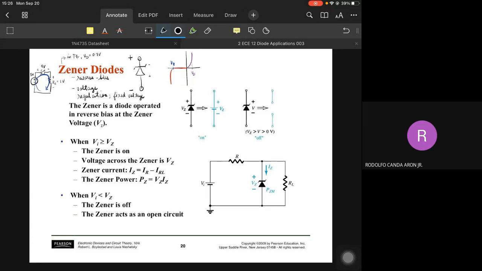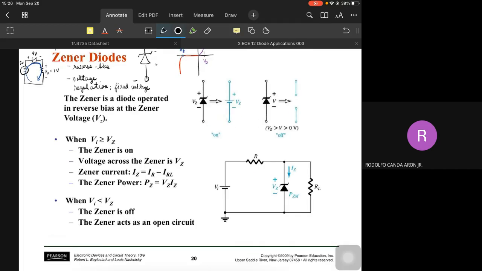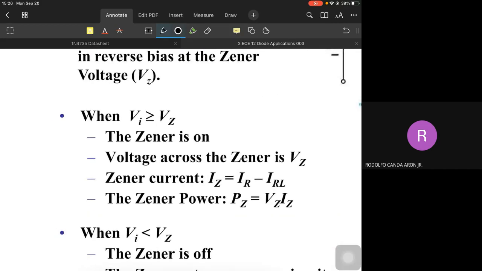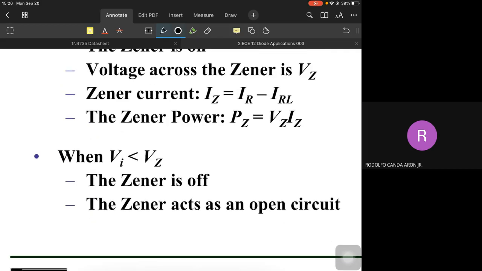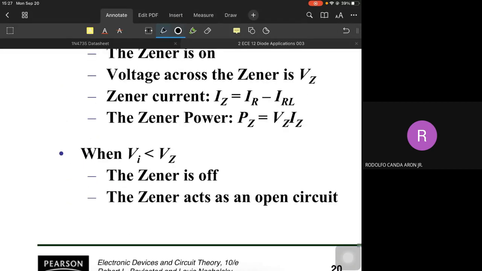No? So, this yung gyapon sa regular nga diode. No? Dapat, ang input voltage is greater than VZ for it to conduct in the reverse bias mode. Zener is on. But when VI is less than VZ, Zener is off, and Zener acts as an open circuit.